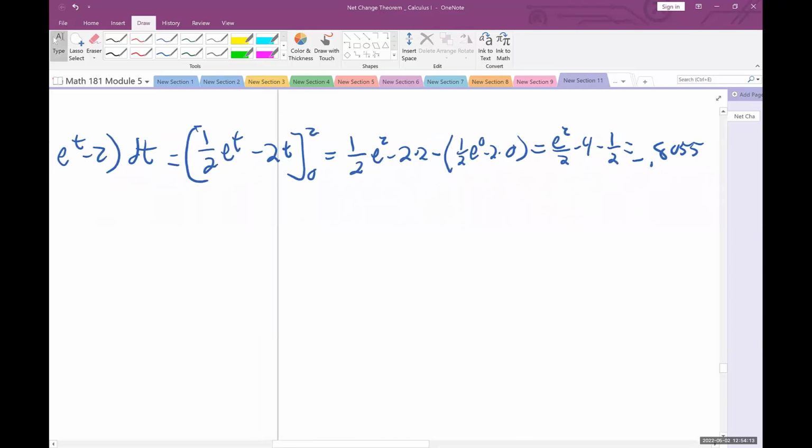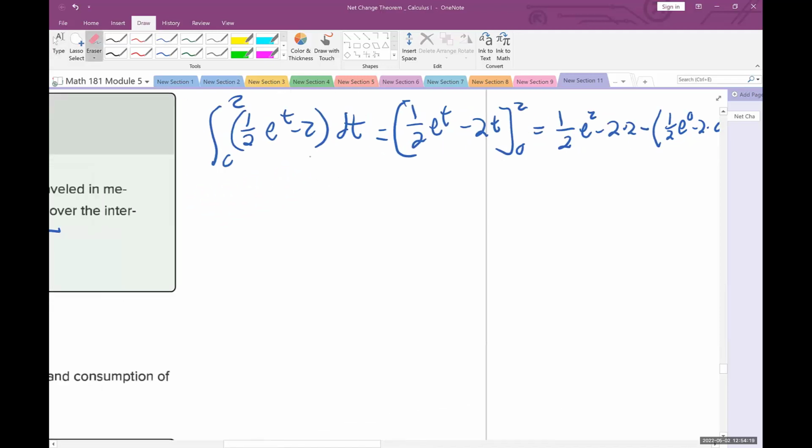And for total displacement, we have to look at what our formula was. It was 1/2 e to the t minus 2, set it equal to 0. Because if we look at a graph of this, let me graph it real quick.